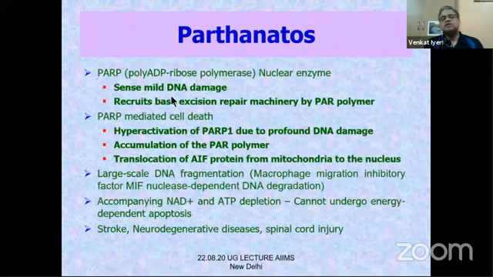It senses mild nuclear damage and recruits base excision repair mechanism by PAR polymer formation. In PARP mediated cell death or parthanatos, there is hyperactivation of PARP1 due to profound DNA damage. The PAR polymer accumulates, translocates the AIF protein from mitochondria to nucleus, and there is large scale DNA fragmentation, and that's how the cell dies.